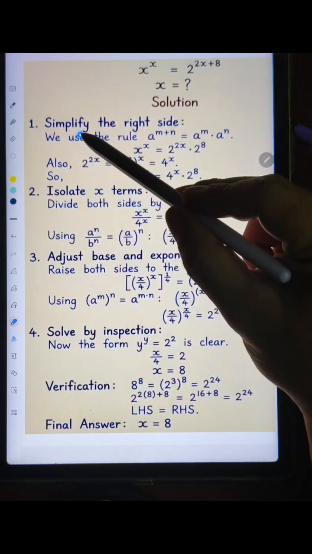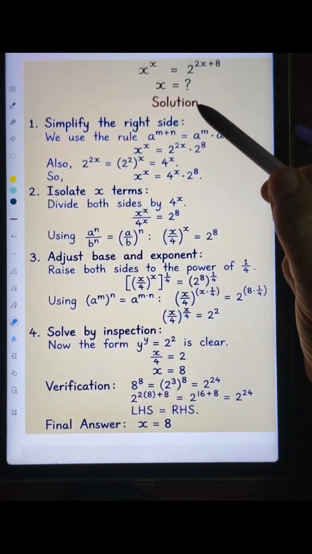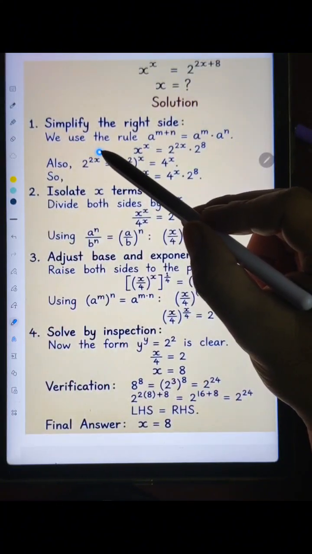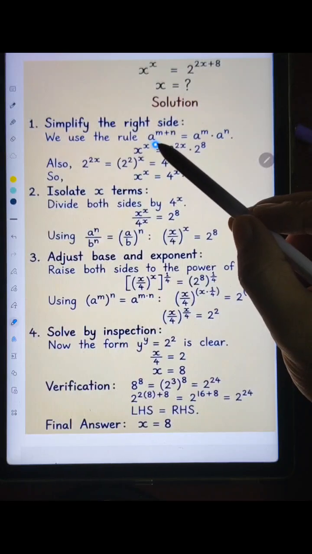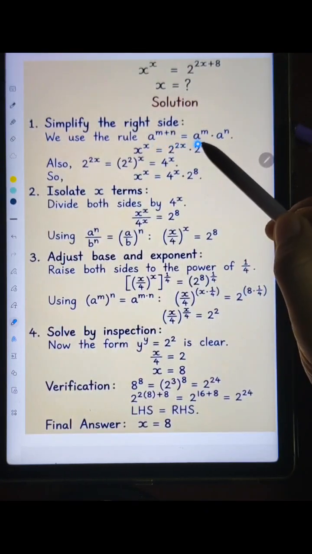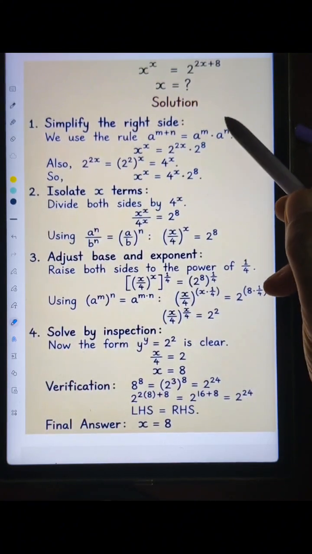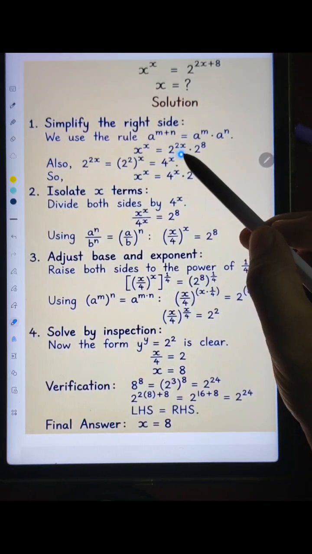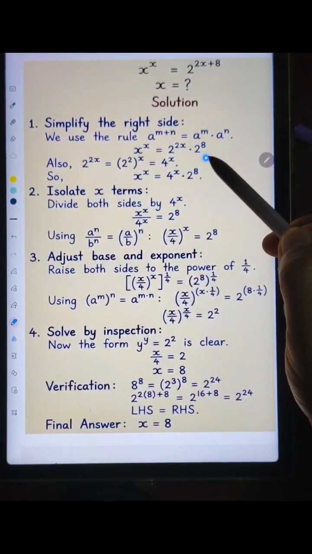First, we are going to simplify the right side of the equation. To do that, we are going to use the law of exponent. Specifically, we are going to use this rule: a raised to m plus n equals a raised to m times a raised to n. So the right side of the equation can be written as 2 raised to 2x multiplied by 2 raised to 8.